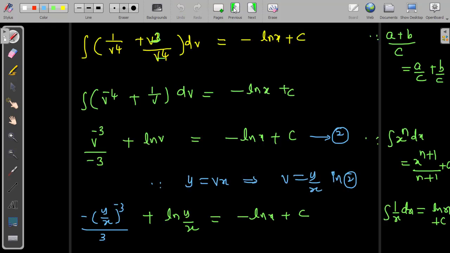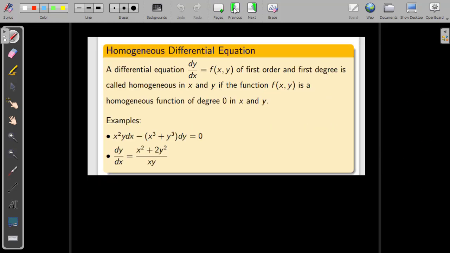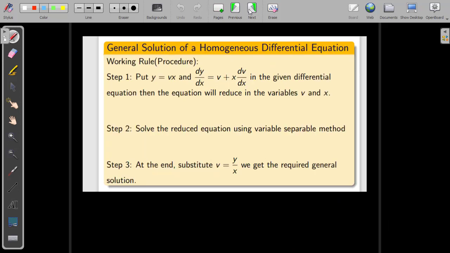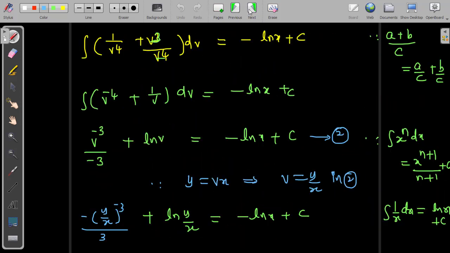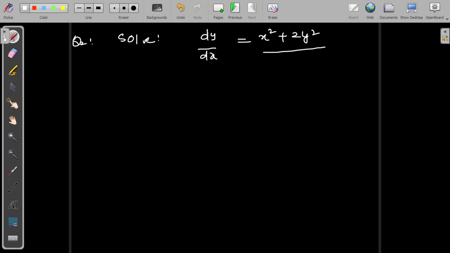Let us quickly take one more problem. Question number 2: solve dy by dx equals x square plus 2 times y square divided by 2 times only xy.